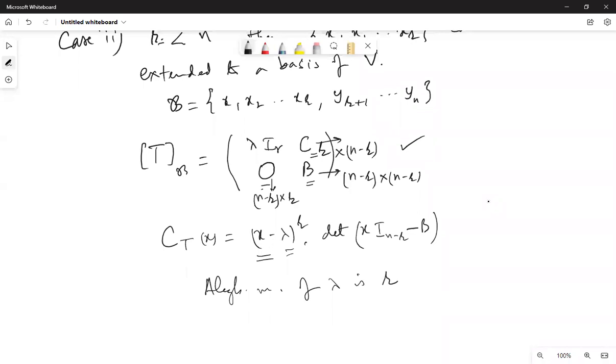It is greater than or equal to r. r factors are coming, and some factors may also come from here. So the algebraic multiplicity of lambda is greater than or equal to r. And that is what we wanted to prove: the geometric multiplicity is always less than or equal to the algebraic multiplicity. Don't take this as the geometric mean; it is the geometric multiplicity of lambda and the algebraic multiplicity of lambda.